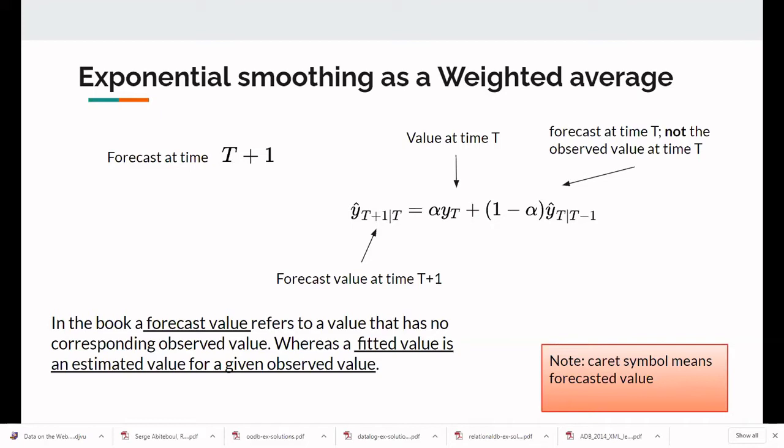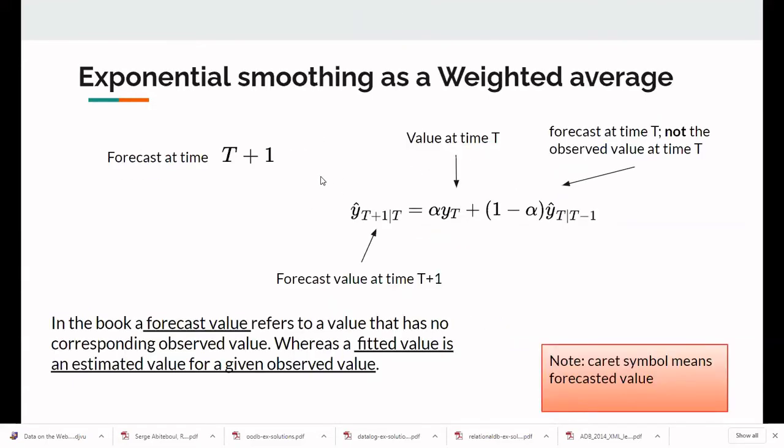Magiging forecast value lang talaga siya kung wala pa yung observed value. Kasi nga, bakit pa tayo magpo-forecast kung nandiyan na pala yung value? So, ang tawag natin doon is fitted value na siya. But it's actually the forecast value given the previous observations. Yeah? Klaro ba yun?